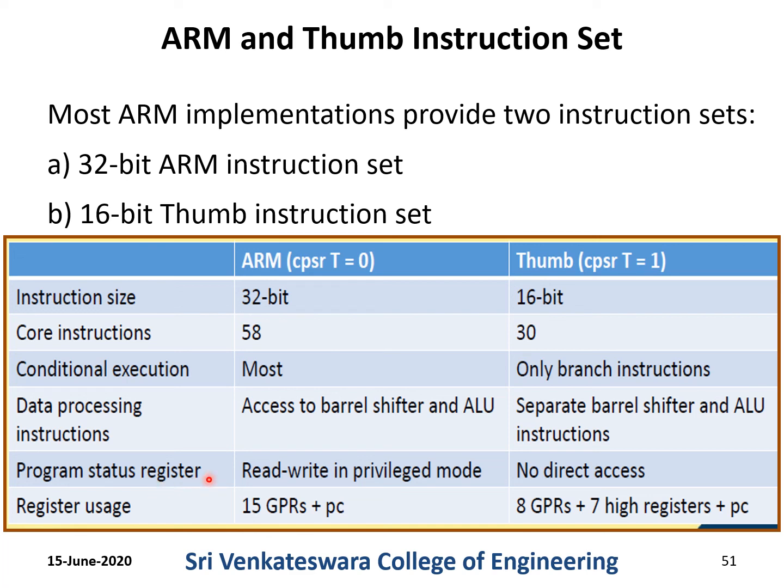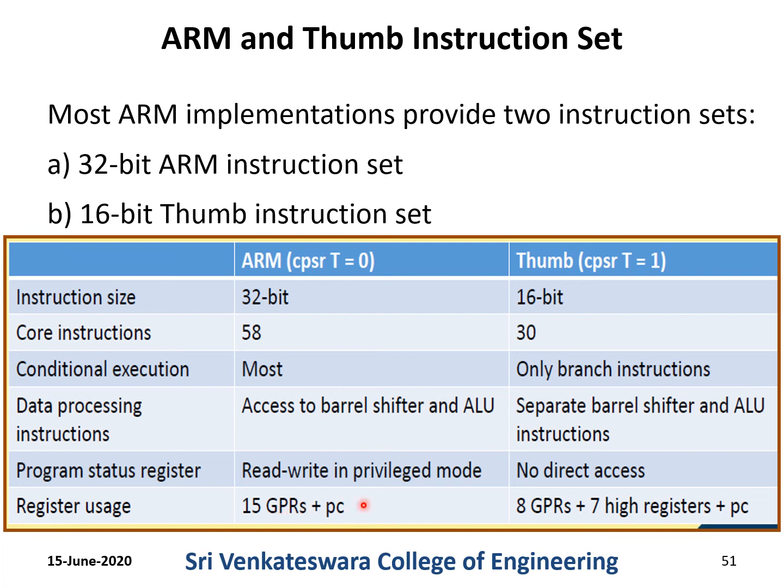The program status register in ARM state can be read as well as written in privileged mode, whereas the program status register cannot be accessed in thumb state. This is the reason why, whenever an interrupt occurs or an exception is to be handled, the processor first changes from thumb mode to ARM mode, and because of that the program status register can be copied into the SPSR register.